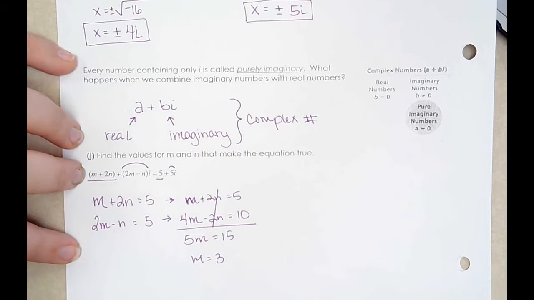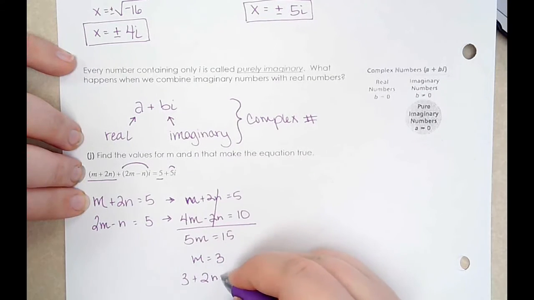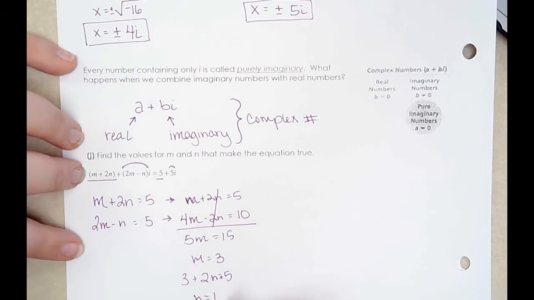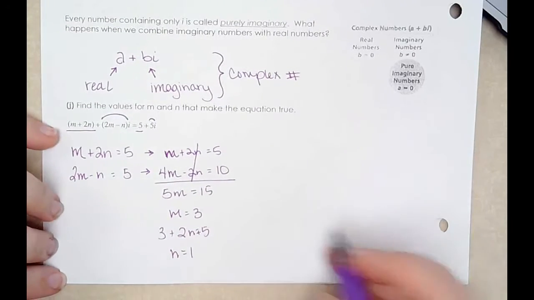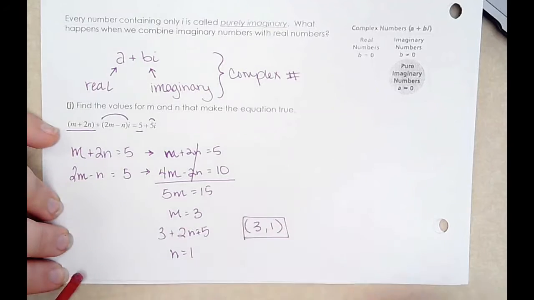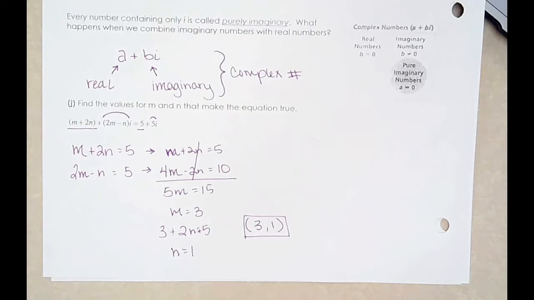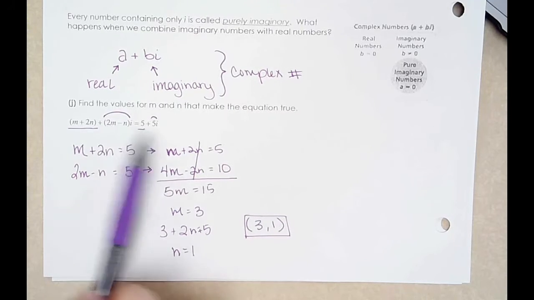I'm going to use that and plug it back into my first equation and solve to get n equals 1. Once I have this information, I'm going to put it in that coordinate point and call it a day. And this problem is as simple as just saying real equals real, imaginary equals imaginary.